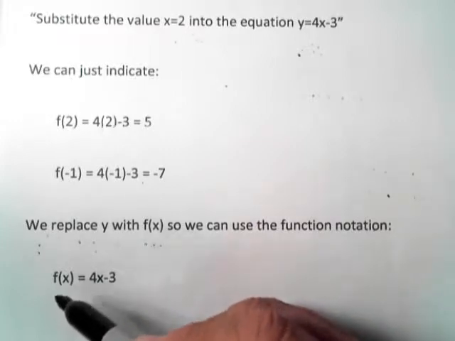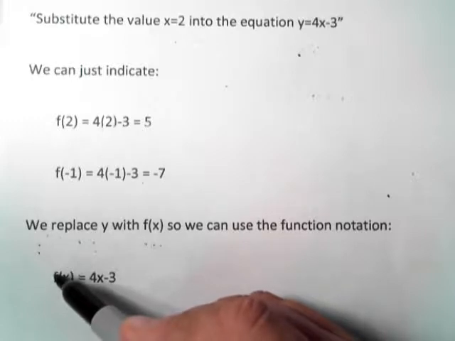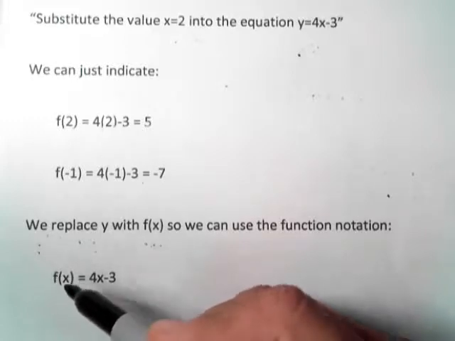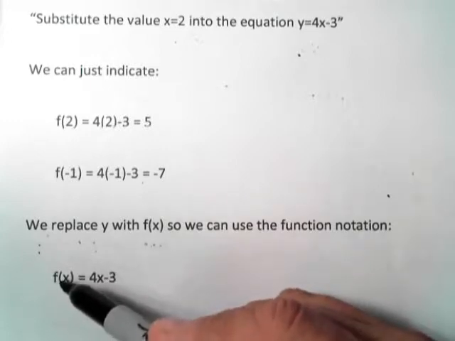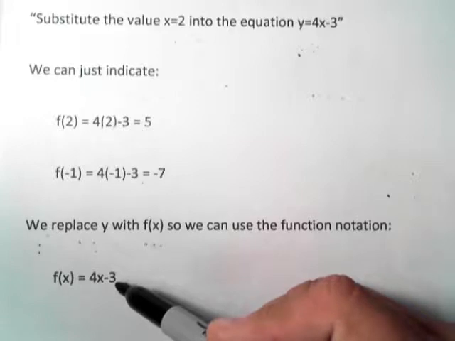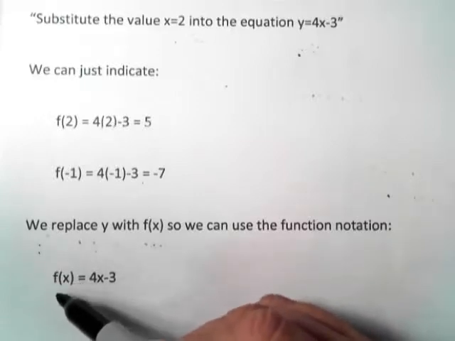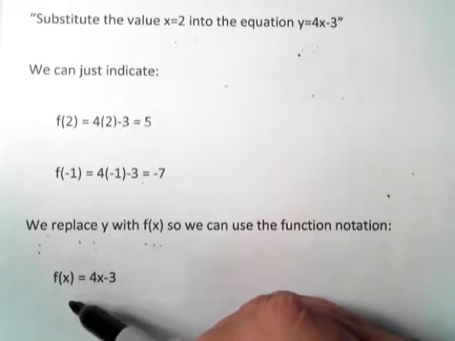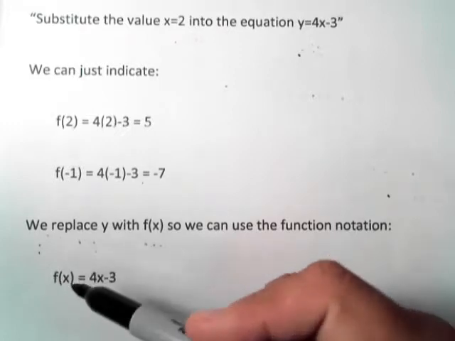Now, by the way, in the old days you'd think that f next to something in parentheses meant multiply. But notice the difference here. We're saying f of x equals, and we're giving the equation that it equals. So now you know this is not multiplication. F is a common letter that they use because it stands for function.